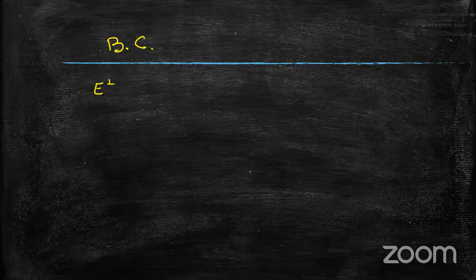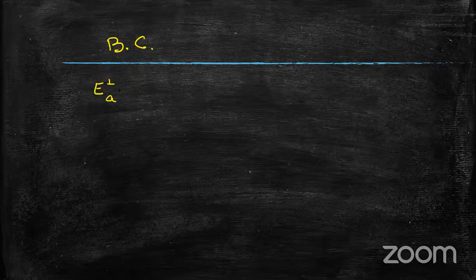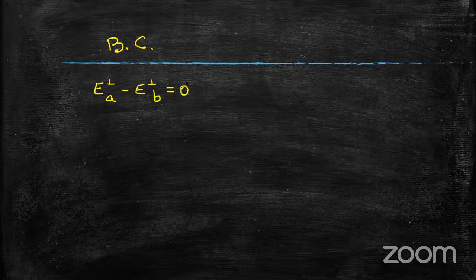E perpendicular above, E perpendicular below, are equal, because there is no free charge.